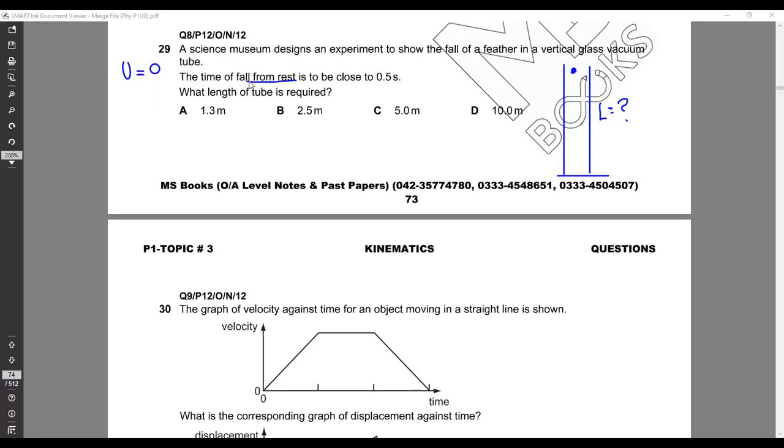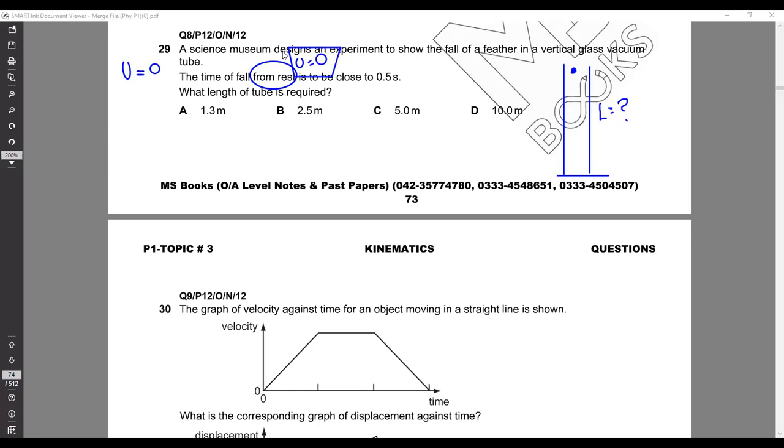From rest. Can you see that? From rest. What does it mean? Initial speed is 0. Is that right?